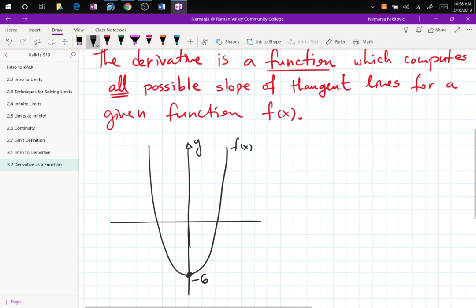So this is my f of x, the black, and now the red, 2x, is my f prime of x. So a quadratic function has a linear line as its derivative.